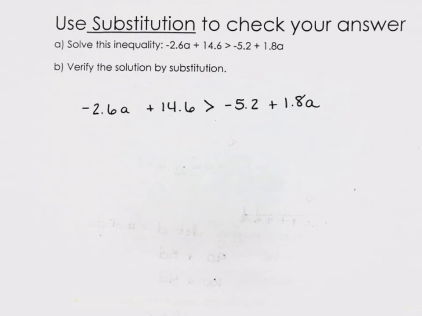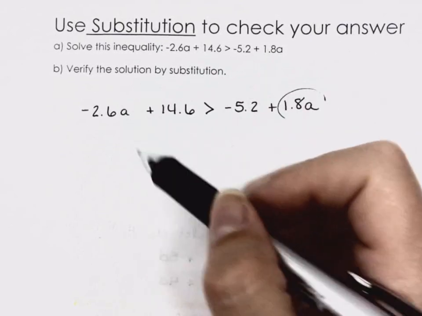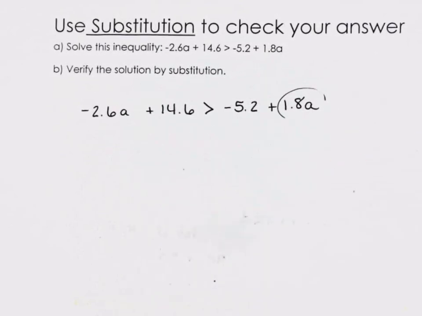Okay, so I want to get all the a's to one side. So I want to bring this guy to the left-hand side. I always move my variables to the left-hand side. There are no rules saying that you can't go to the right-hand side. I just do the same thing over and over again so that I don't forget.